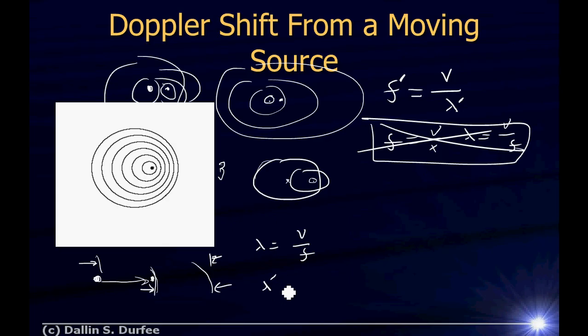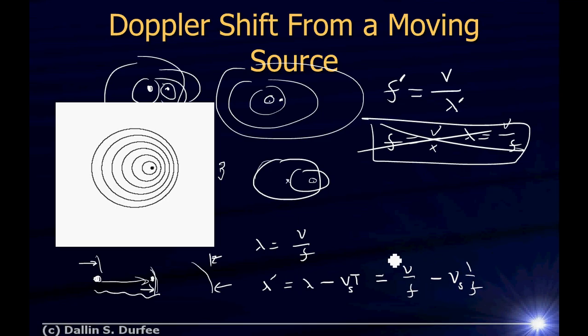So lambda prime is going to be lambda minus that distance right there. And what's that distance? It's velocity times time, and the time is 1 period, right? Or, plugging this in for lambda, we have v over f minus v, I have to be careful, this is the velocity of sound. I'm traveling at a velocity v source, right? There we go. So v source, and t is just 1 over f.